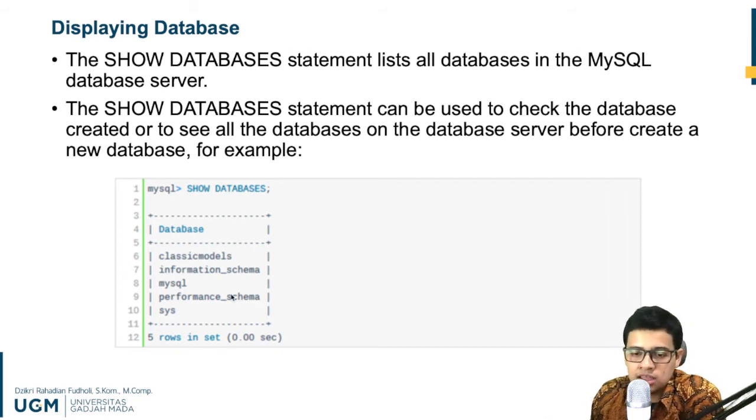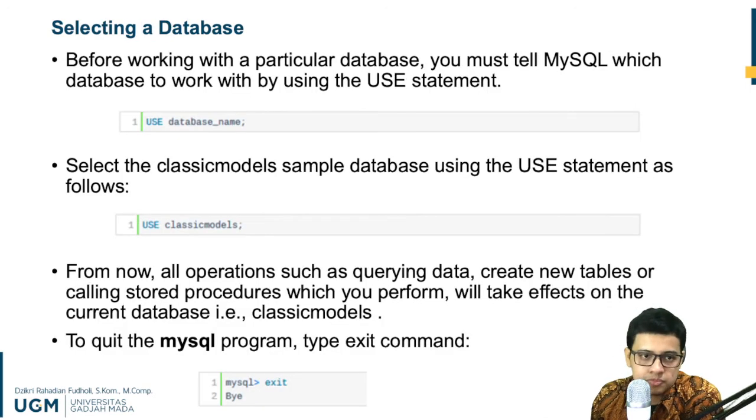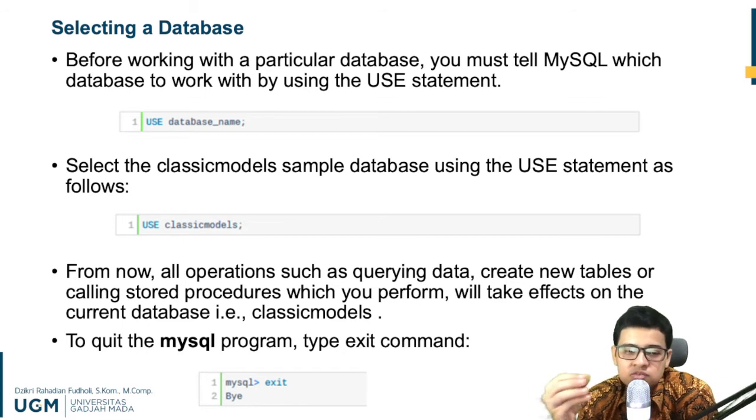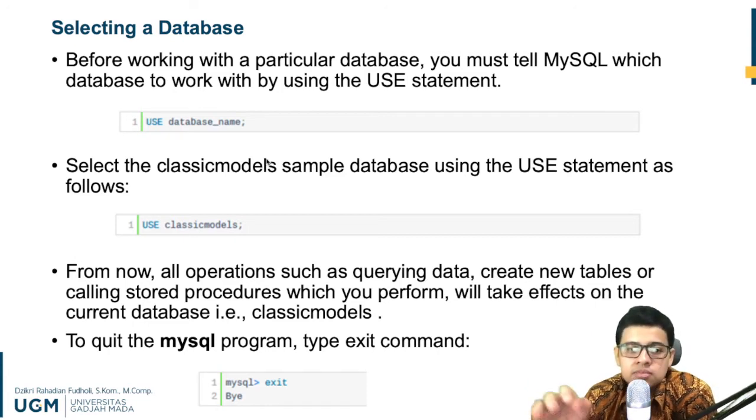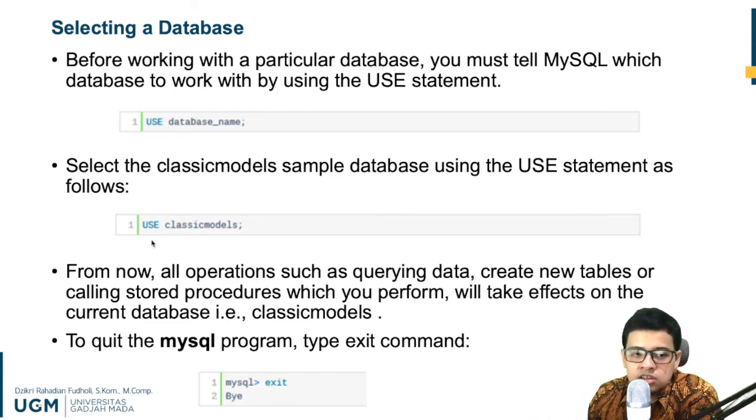These databases are a requirement of each MySQL program, so they will be there. And if you want to use a certain database, we use the USE statement, USE database name, for example, USE classicmodels. If you want to go out, we can just type exit to quit the MySQL program.